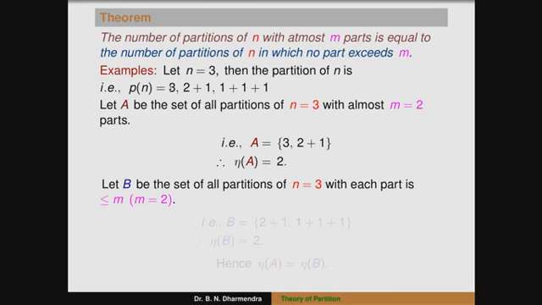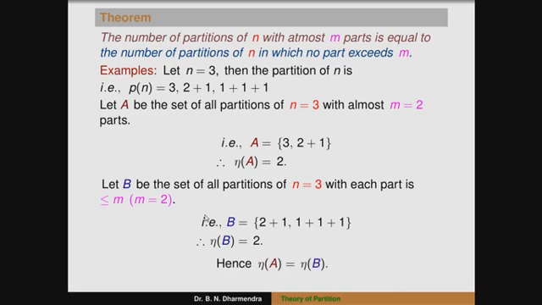So we won't consider the term 3. Therefore the remaining terms are 2 plus 1, 1 plus 1 plus 1. So B can be written as 2 plus 1, 1 plus 1 plus 1. Therefore the cardinality of B, eta of B, is equal to 2. Hence the two statements are equal, that is, the cardinality of A is equal to the cardinality of B. So this is the example.